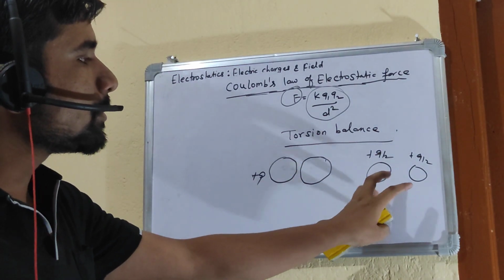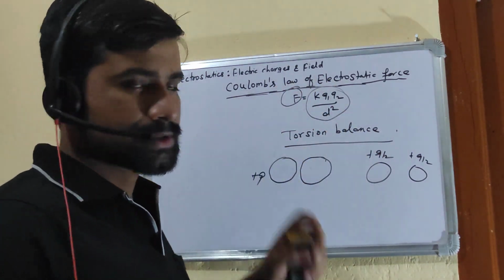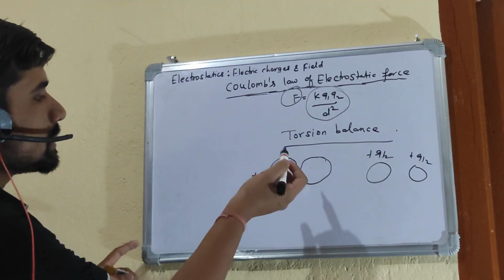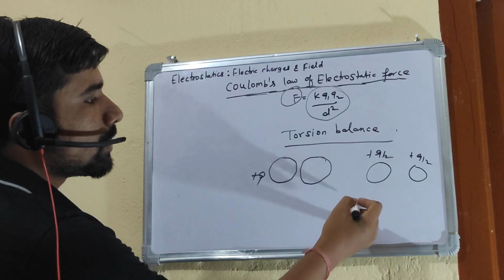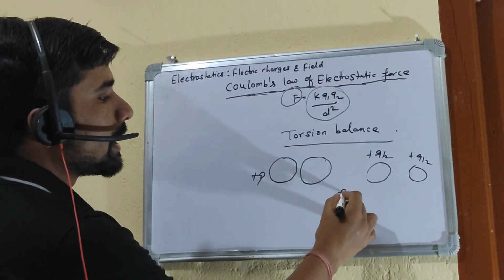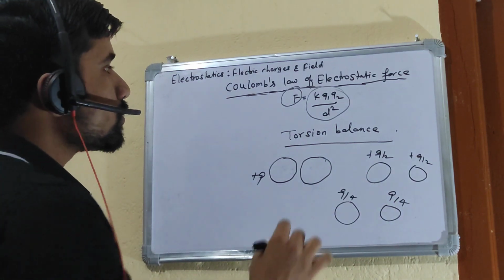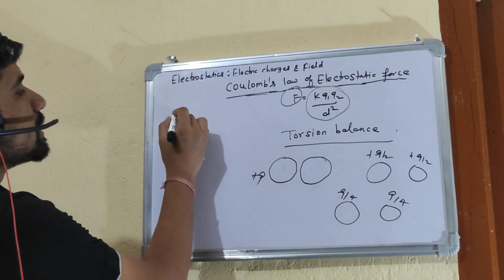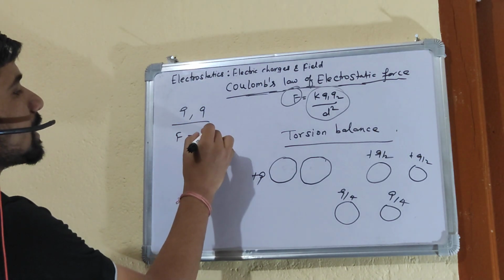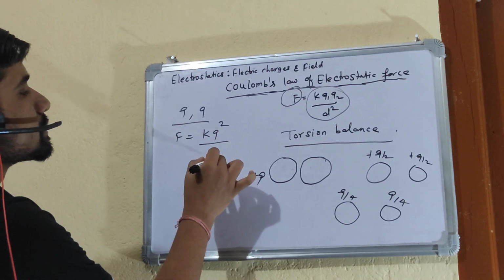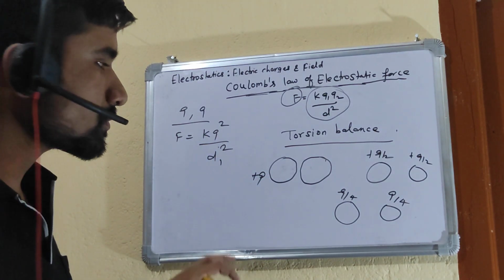Now he can bring these two closer and put an expression for force. Initially, they have q by 2 and q by 2. Now again I can bring a similar size sphere and distribute it to q by 4 and q by 4, right? In this expression, let's say I have charges q and q. I know the force. Let's say this is F, proportional to q square by d1 square, right?